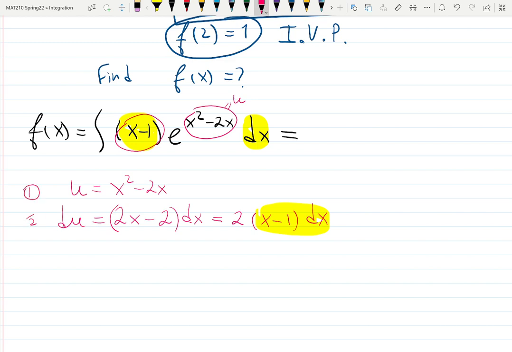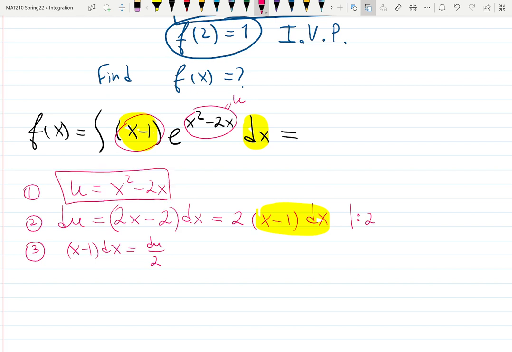Equation number 1, equation number 2. Equation number 3 comes from equation number 2. X minus 1 dx is, how to find that? Well, let's divide by 2. That will be du over 2. What is important? The first equation is important and the third equation is important.